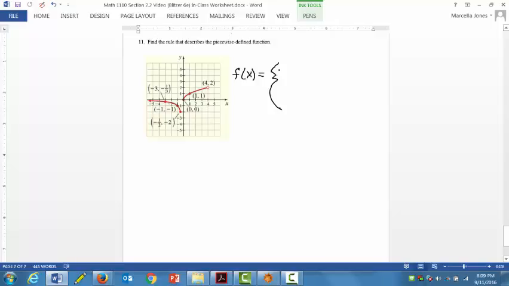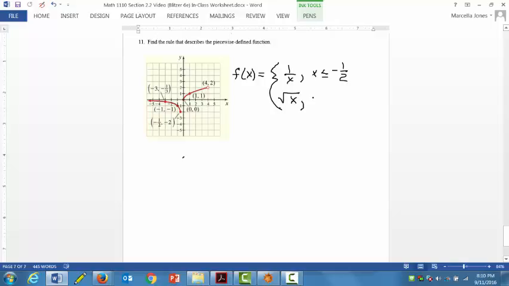So this is the part of the branch of the function y equals 1 over x, because I see you're getting that y by taking the reciprocal of x. And that's only my function if x is less than or equal to negative 1/2. So notice this includes negative 1/2 because of the solid dot.